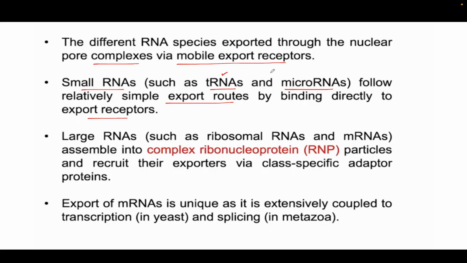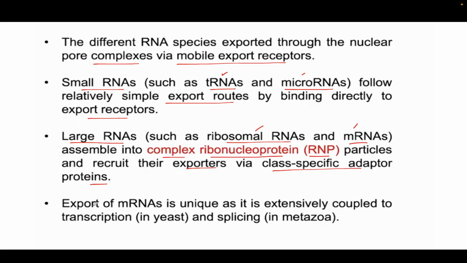All these directly bind to the export receptors. Large RNA molecules such as ribosomal RNA and mRNAs assemble into complex ribonucleoprotein particles and recruit their exporters via class specific adapter proteins. So rRNA and mRNA transport require a complex process, but in case of tRNA and microRNA, it is quite simple.